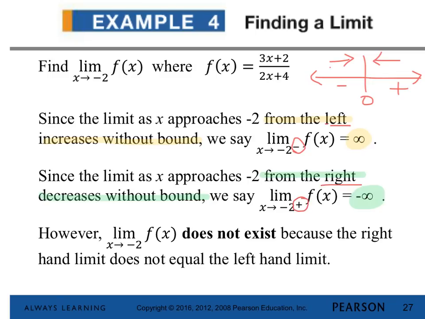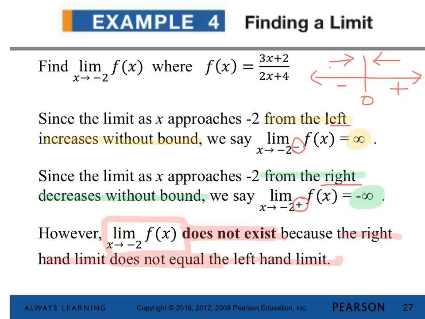What we have to say in this case, however, is that the limit as x approaches -2 does not exist. And the reason that it does not exist is because the right hand limit does not equal the left hand limit.